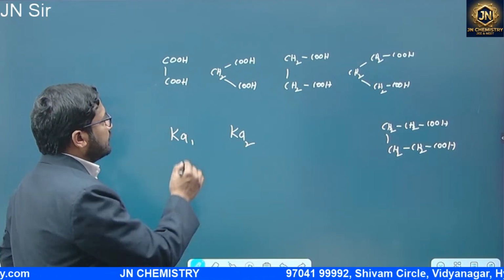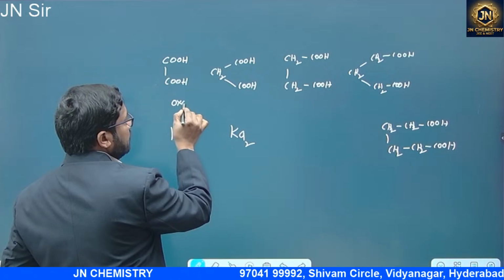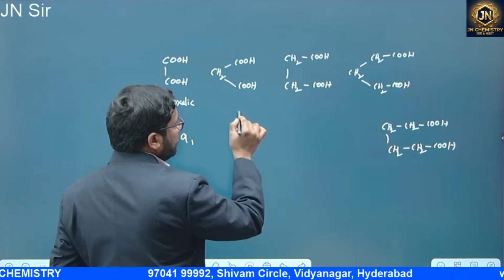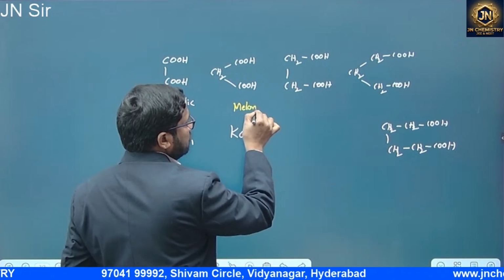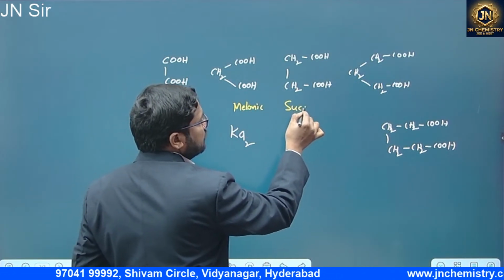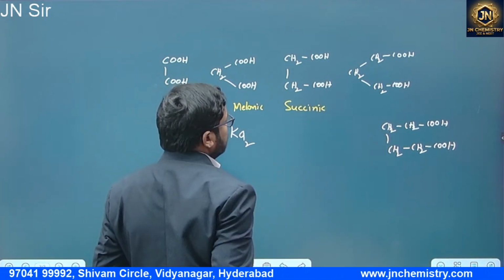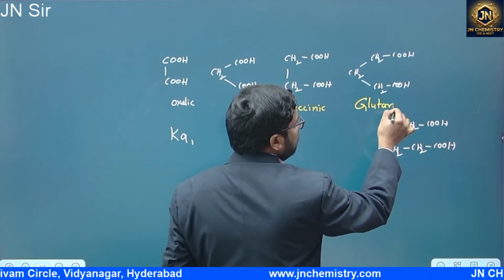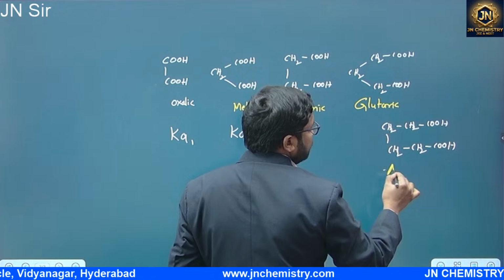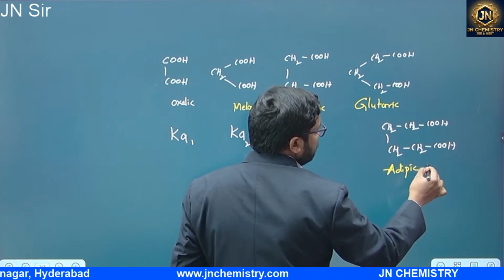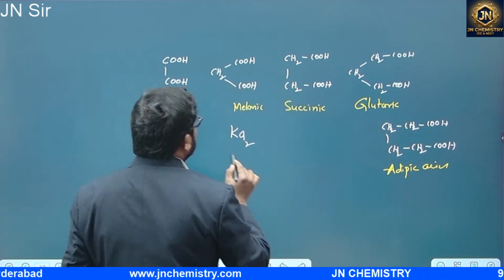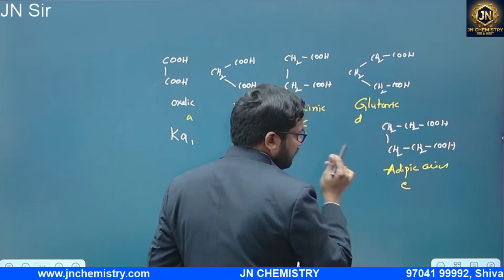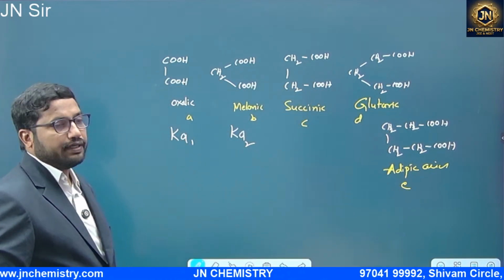So this is oxalic acid, malonic acid, succinic acid, glutaric acid, adipic acid. So I'll say A, this is B, C, D, E. What is the Ka1 order and what is the Ka2 order?